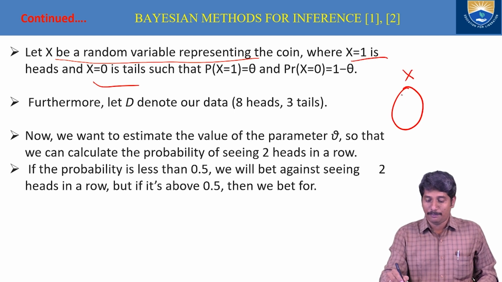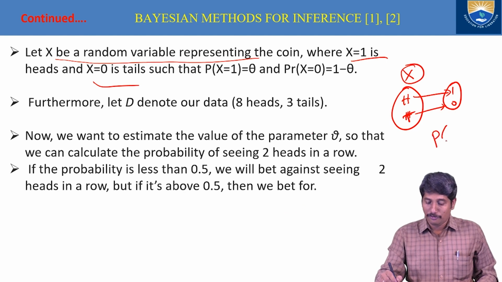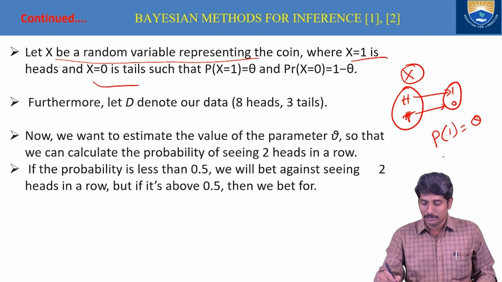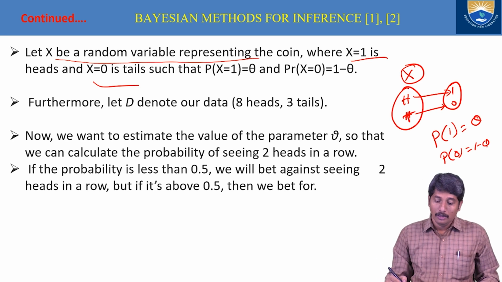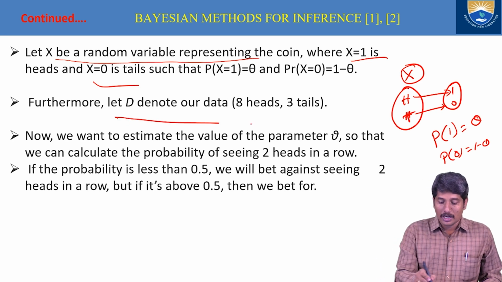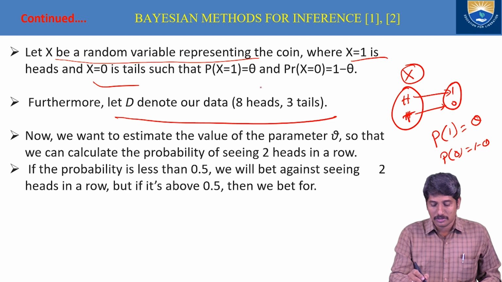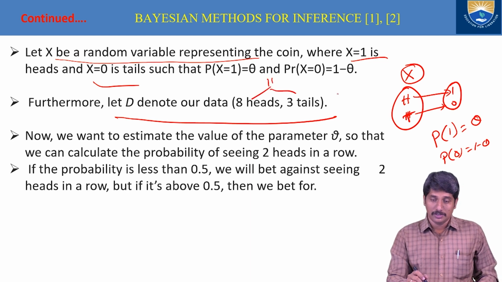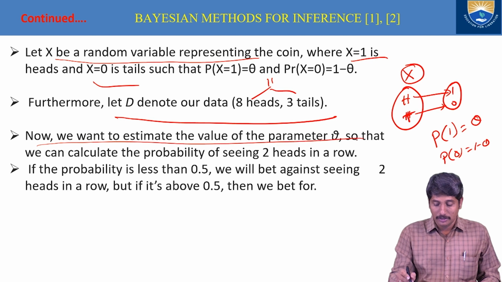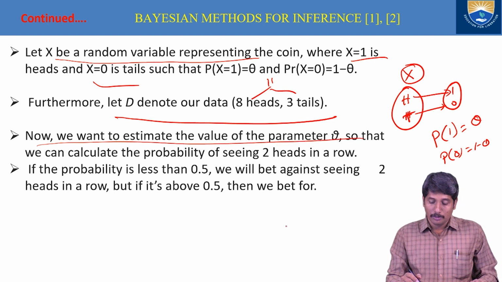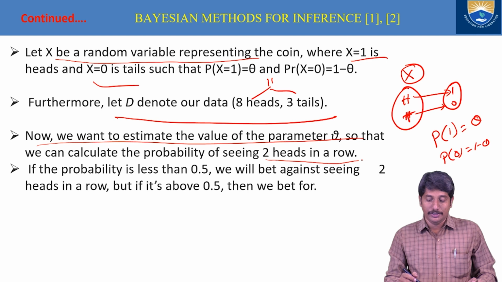That means we are mapping head, tail to 1, 0. Then the probability of getting 1 will be mu, or theta here, and the probability of getting 0, that is tail, is 1 minus theta automatically. Now our data is telling that out of 11 times, 8 are heads and 3 are tails. We want to estimate the probability that the next 2 times are also heads in a row.